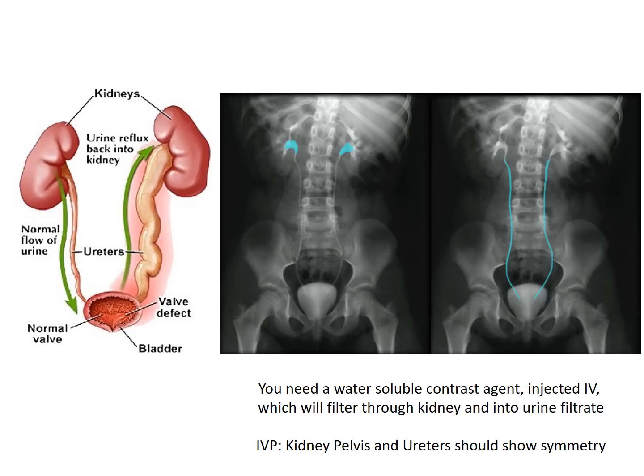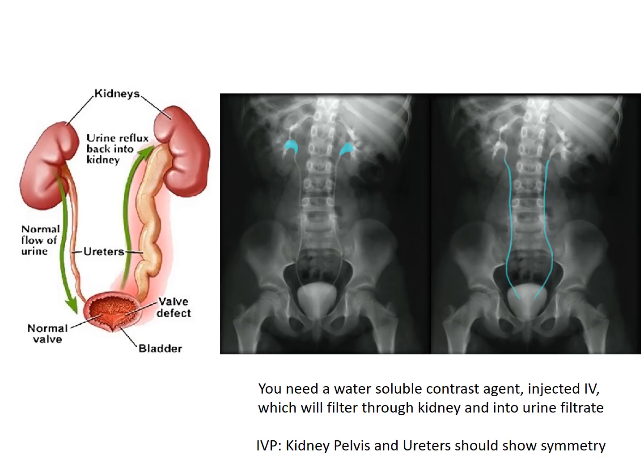And then on the two x-rays, again, on a normal x-ray without contrast, you're not going to see the renal pelvis and you're not going to see the ureters, but with a water-soluble contrast injected and then with KUBs taken, you can then see the outline of that contrast, and then it's easy to see the bilateral kidney pelvis, ureters, and the filling of the bladder.